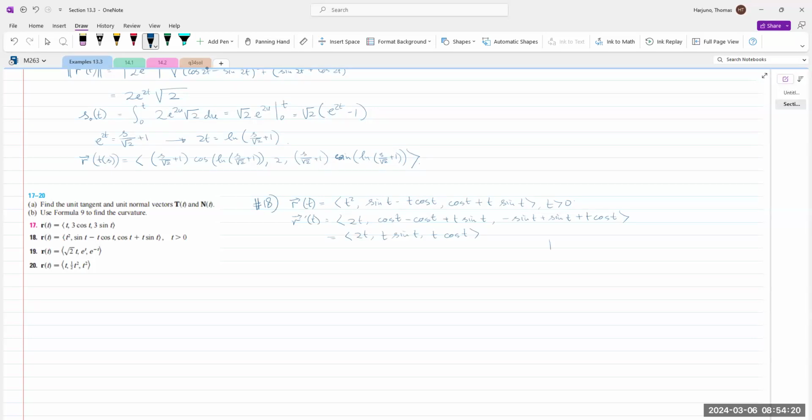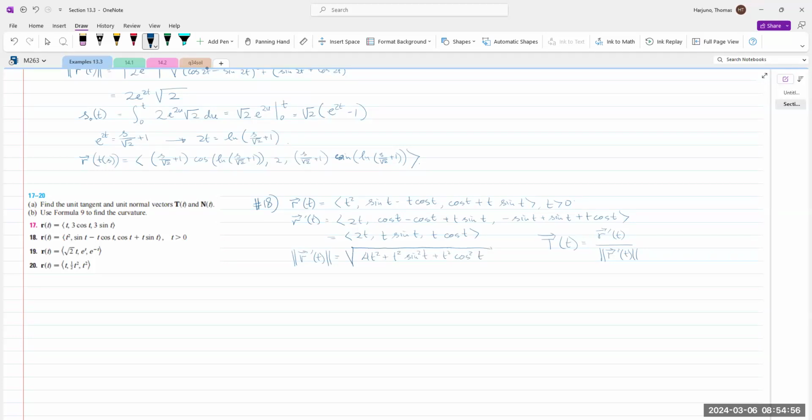Remember, the unit tangent vector is defined to be r prime of t divided by its own magnitude, right? So the next thing I will do is find the magnitude of r prime of t, which will be the square root of 4t squared plus t squared sine squared t plus t squared cosine squared t.